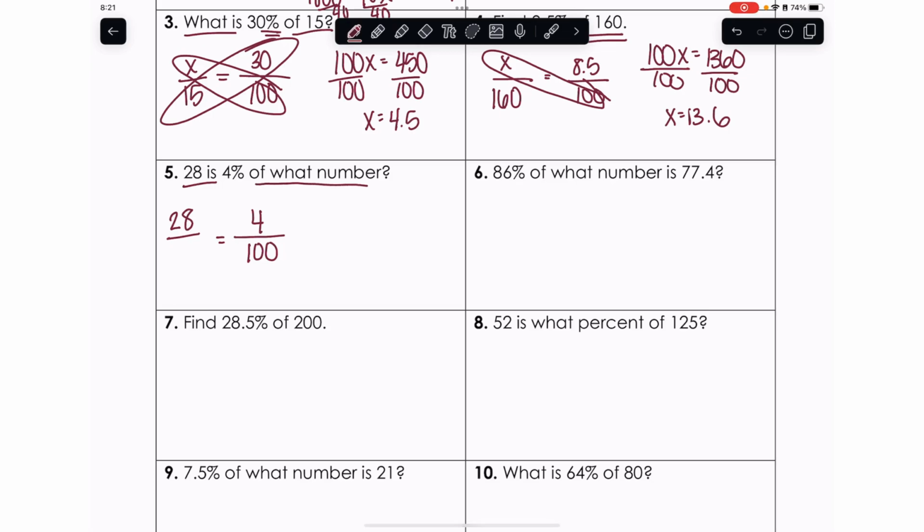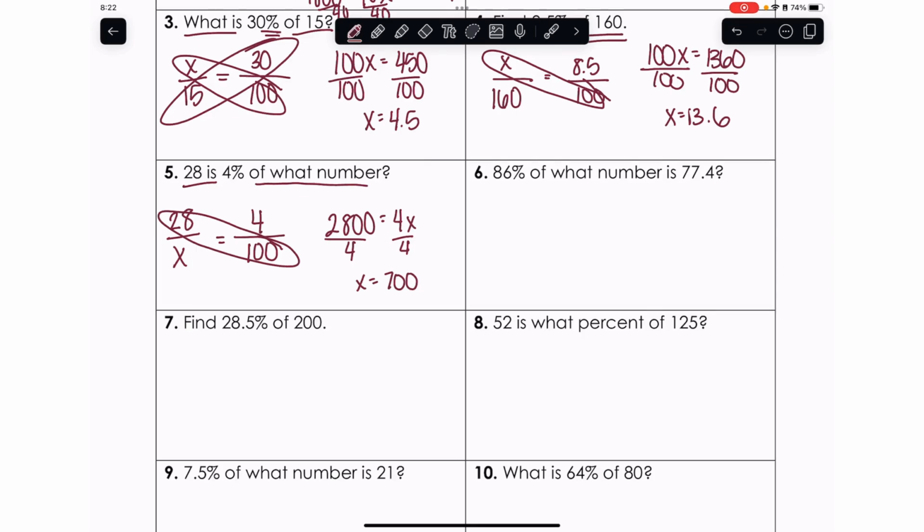Then it says of what number? I don't know what number, so I have to put the X next to the of. Okay, so then we can cross multiply. So I get 2800 equals 4x. So when I divide by 4, I get x equals 700.